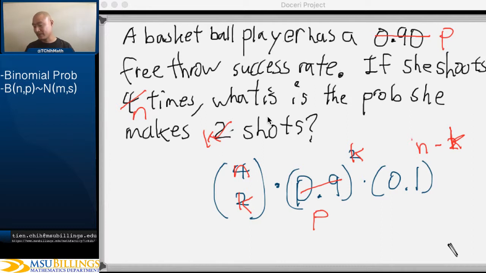Just some number, some probability for success, k times. And then 10% was the chance of failing. And to generalize, if her chance of succeeding is p, then the chance of her failing is 1 minus p.